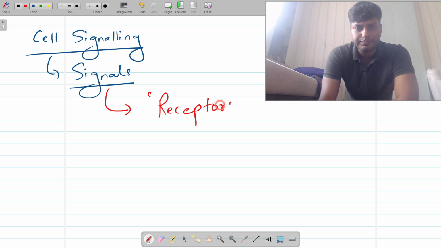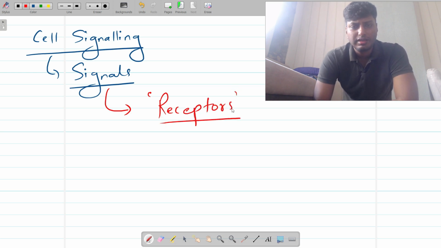That means the cell has to have certain special structures which are present either on the cell membrane, or these structures called receptors can also be present inside the cell, that is in the cytoplasm.